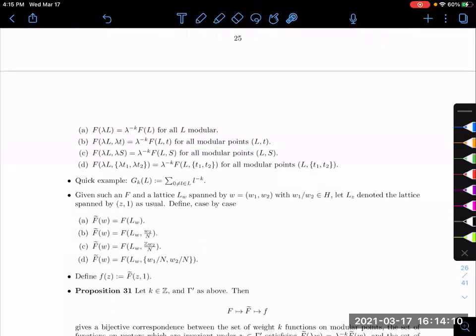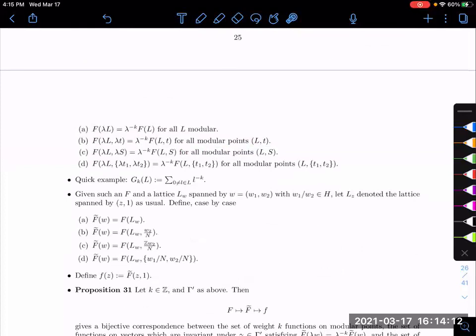Okay, so as a quick example, if you take the Eisenstein series G sub k, and you view it as a function on lattices instead of as a function of points in the complex plane, there's a natural way to do that.